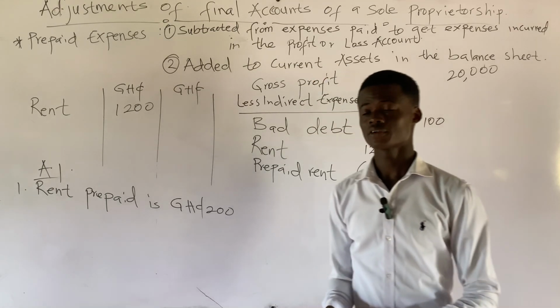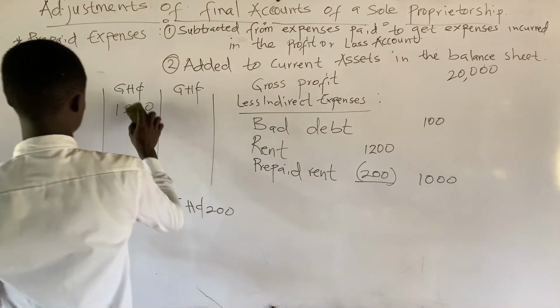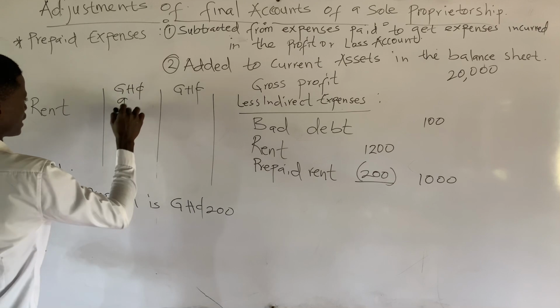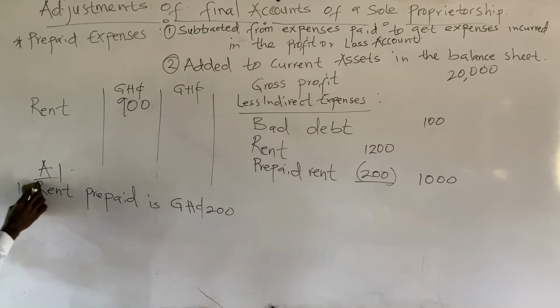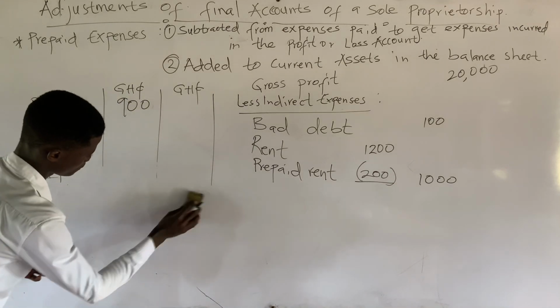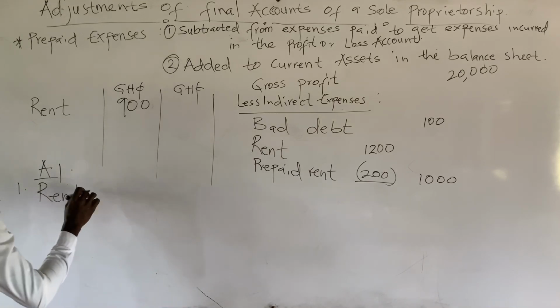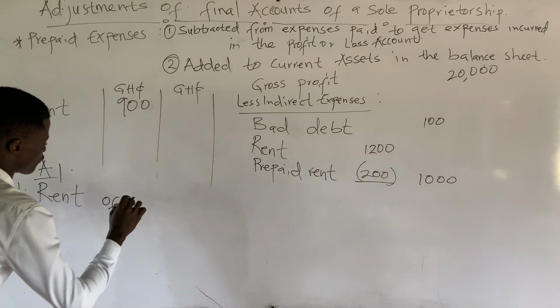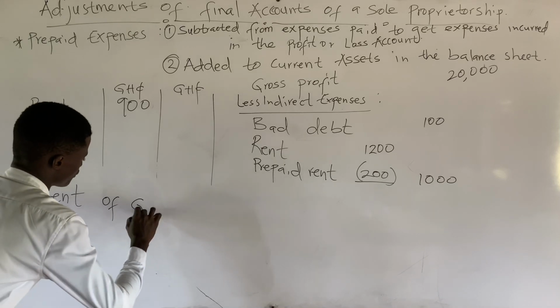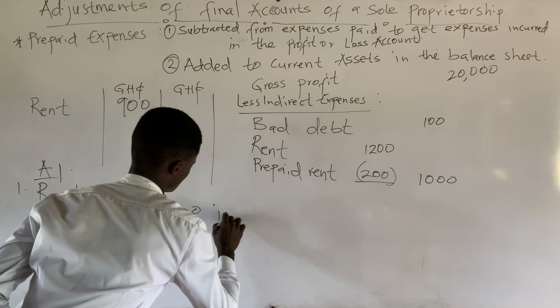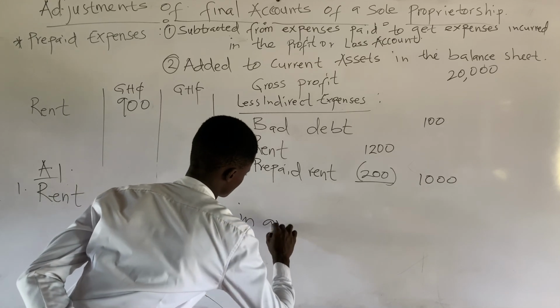So let's take this to be our trial balance. On the trial balance, we have rent paid of 900 cedis. And in the additional information, rent of 100 cedis is in arrears.